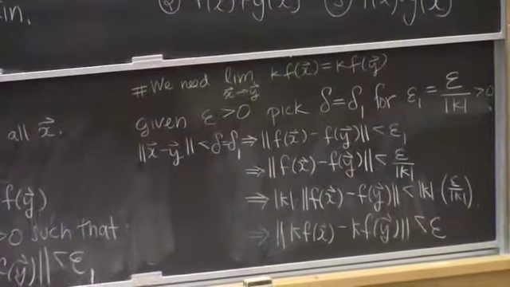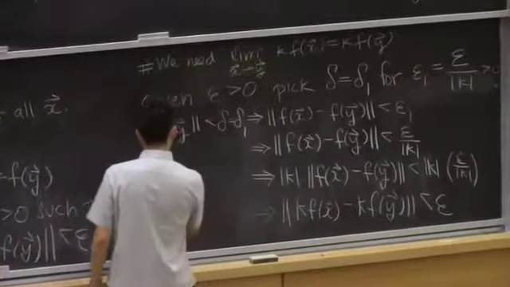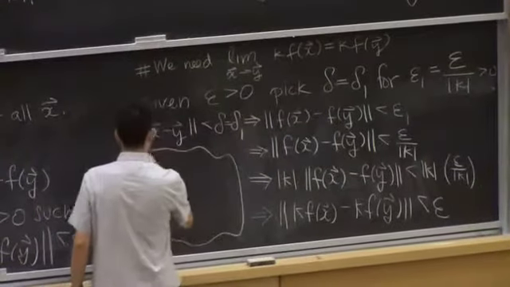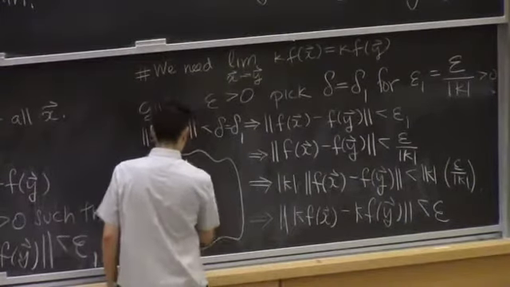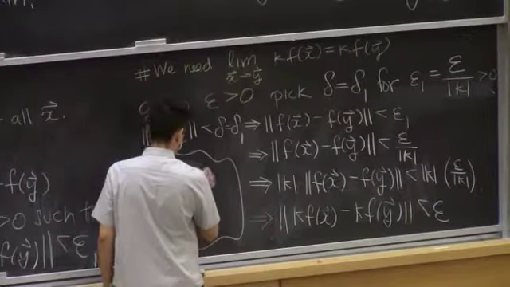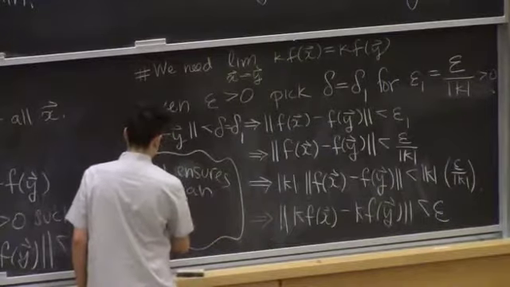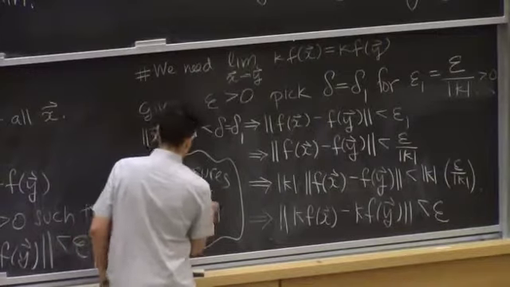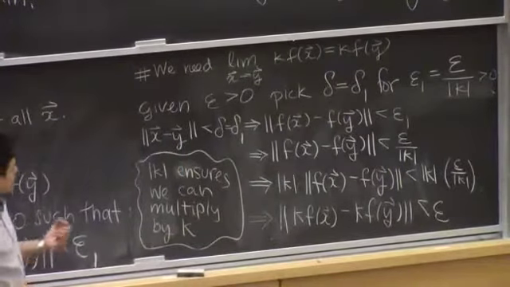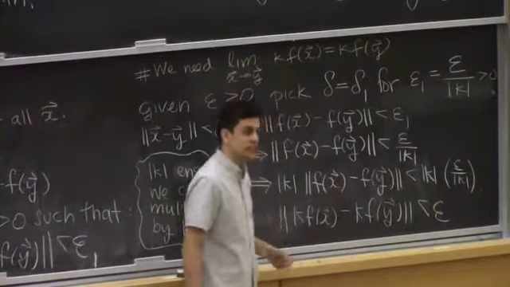Yeah, sure. Good question. Why is there this absolute value here? This ensures that we can multiply by k on both sides, and the inequality stays in the same direction.